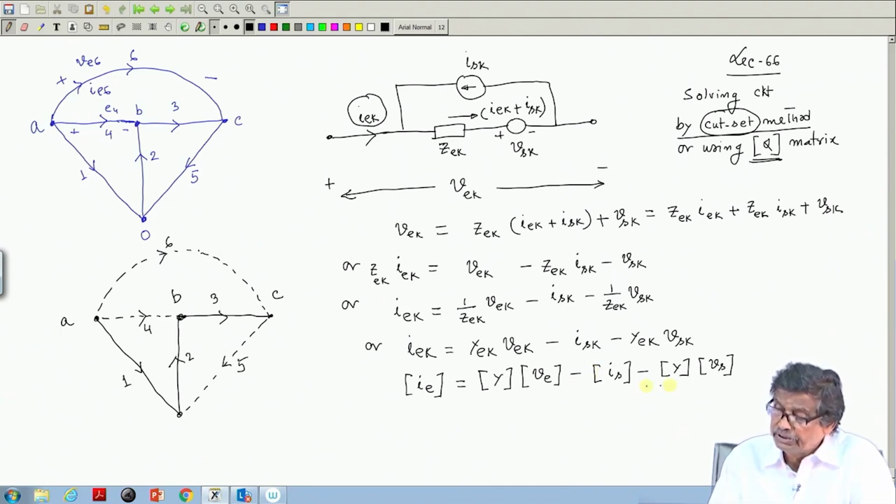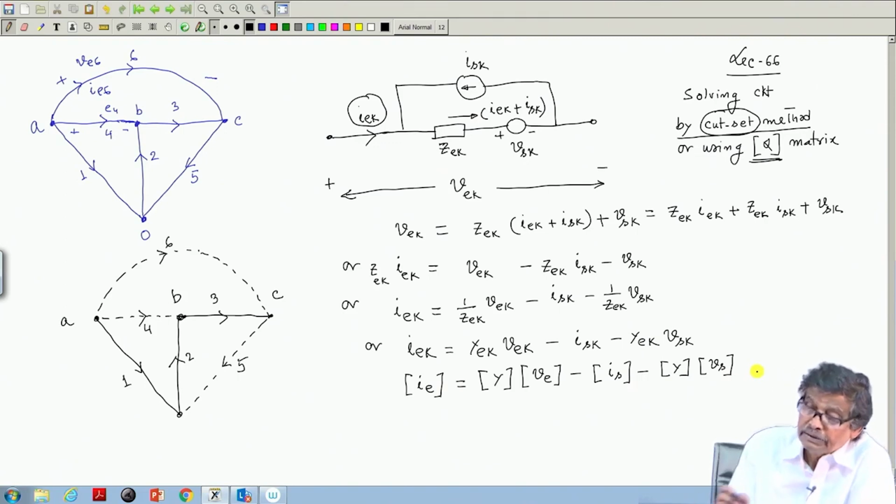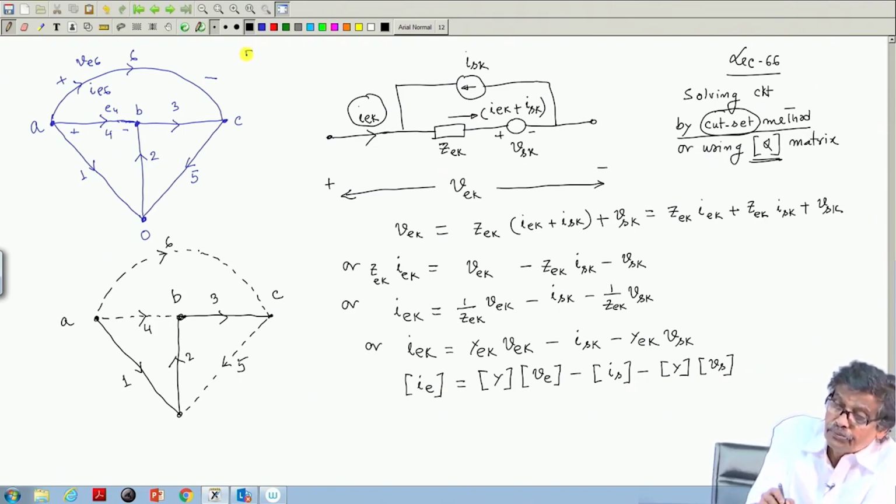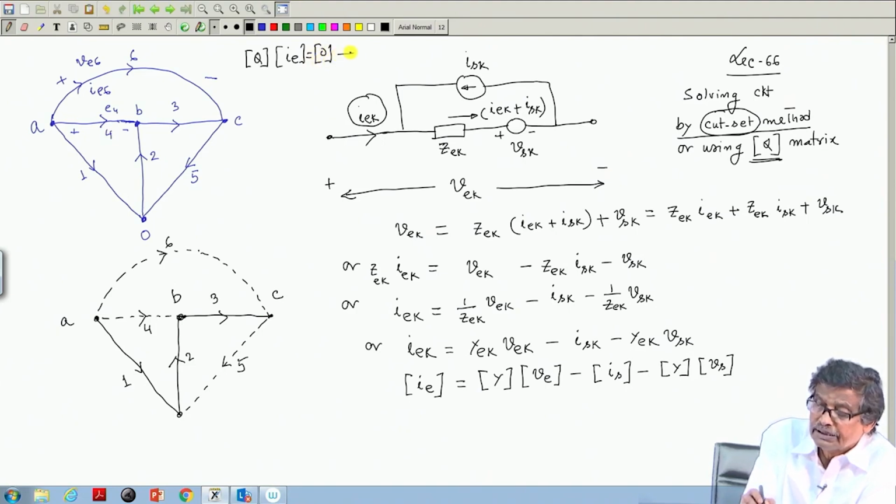Now, after you do this, you remember that Q into IE is equal to 0. How do I get this? By applying KCL at the fundamental cut set.